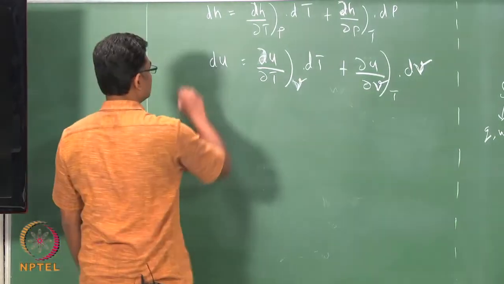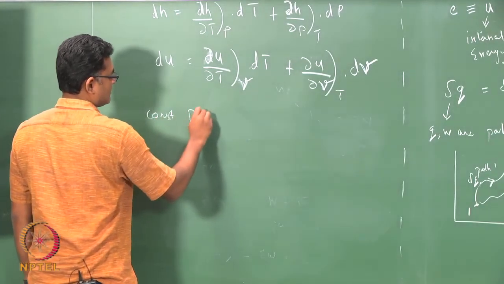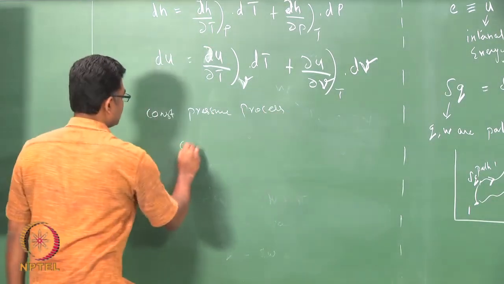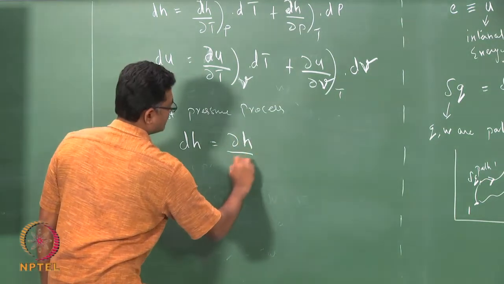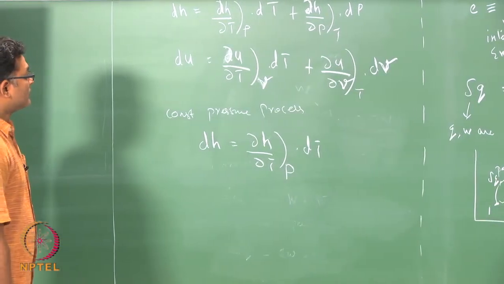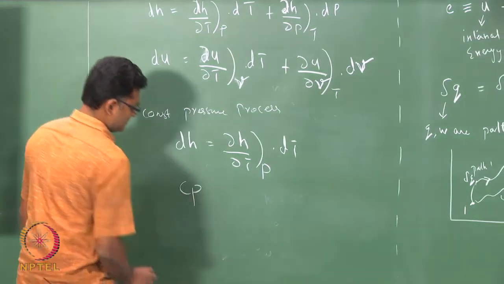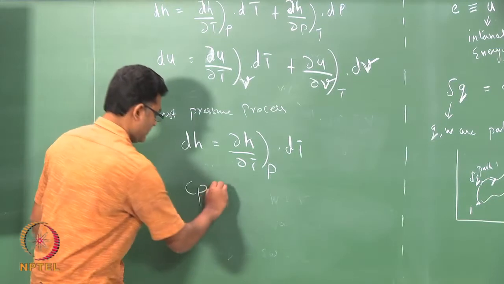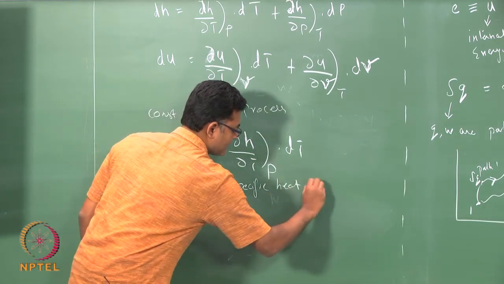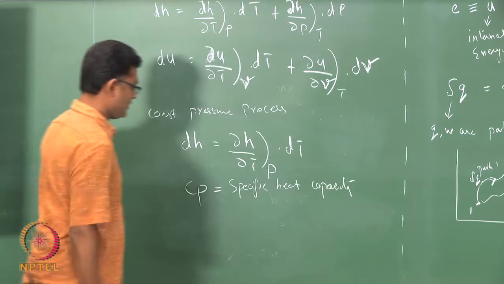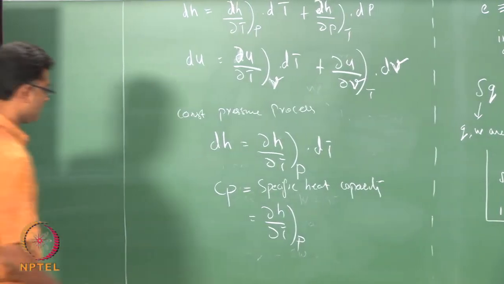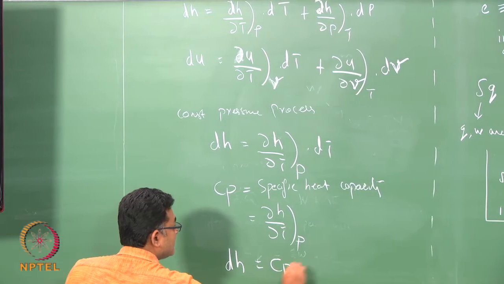If the process is a constant pressure process, obviously from the first equation dH is dH by dT at constant pressure into dT, where we define the coefficient as Cp, which is specific heat capacity at constant pressure, as dou H by dou T at constant P. Or dH is Cp dT.